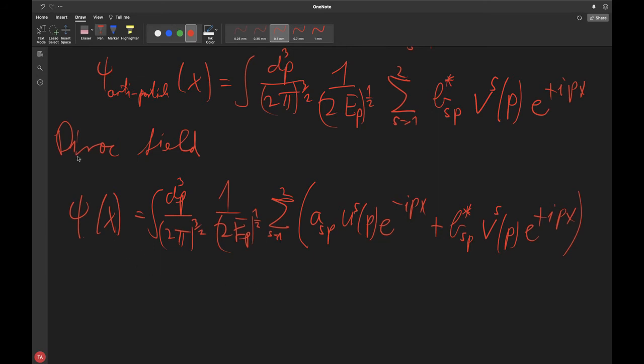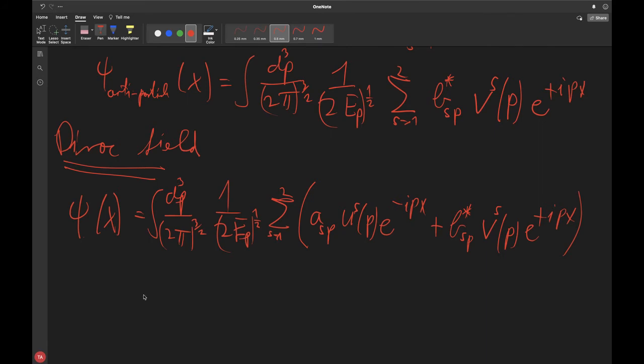So this is really the solution to the Dirac equation leading to the Dirac field. It is the one which describes particles with a spin.